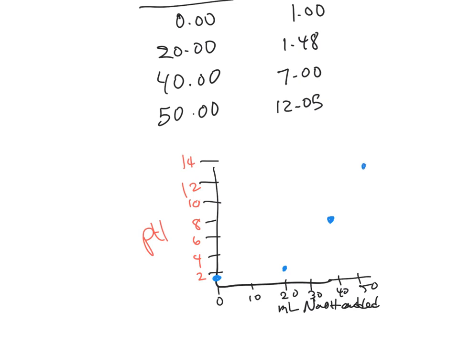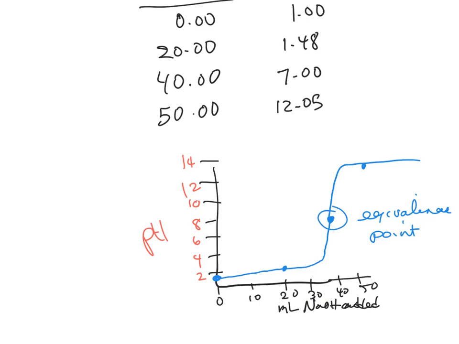So it looks almost like an exponentially increasing function, but if you had more data points, you would see that the curve looks like that. And this right here is the equivalence point. And graphically, I don't know if you did this in the lab or not, but you could draw lines like this, measure the height here, cut it exactly in half to get your endpoint, come down and get your volume, come across and get your pH.